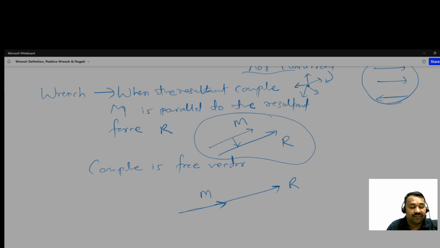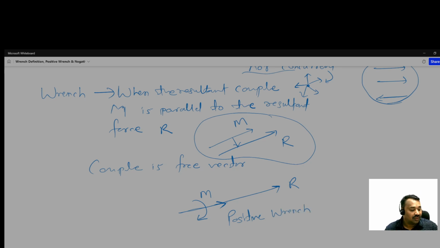So now it becomes the range. And direction also we have to show. So direction is suppose this one. So it is now known as positive range.